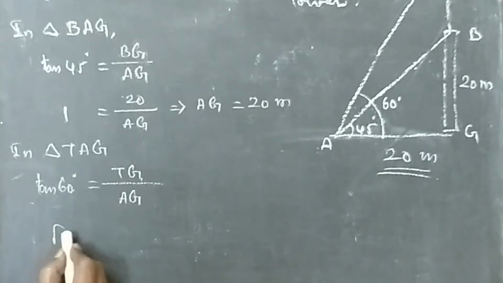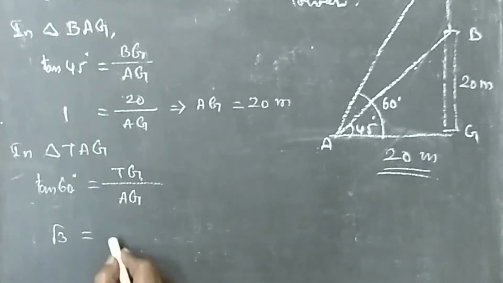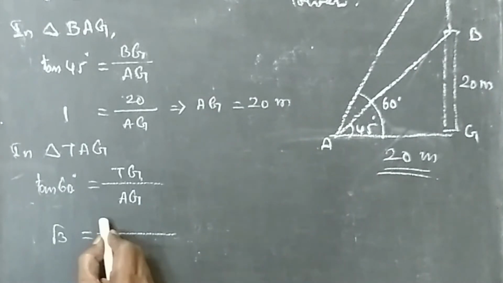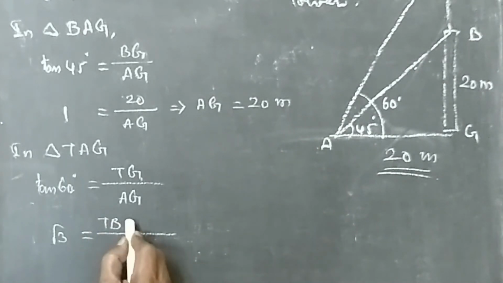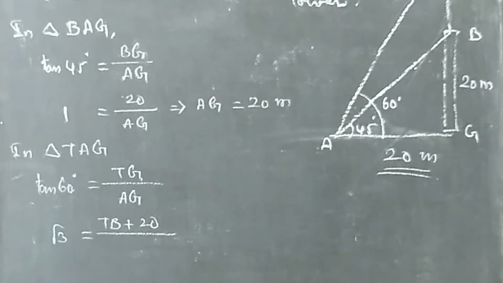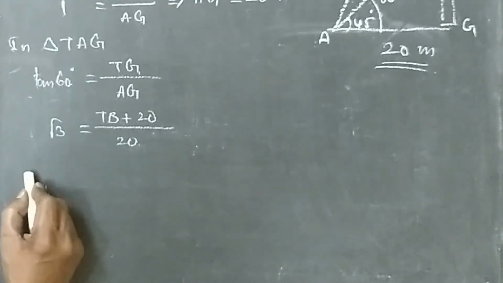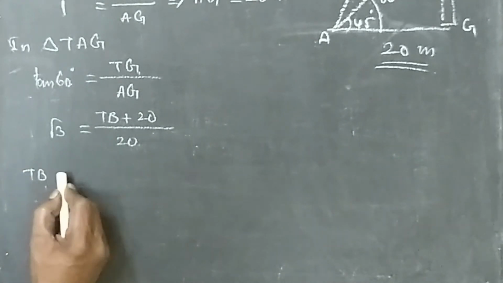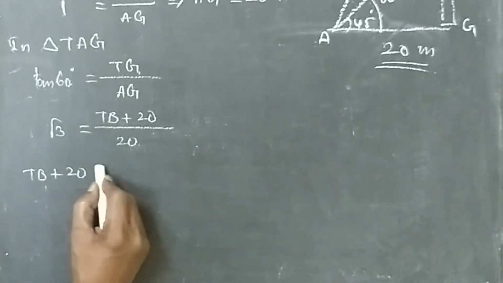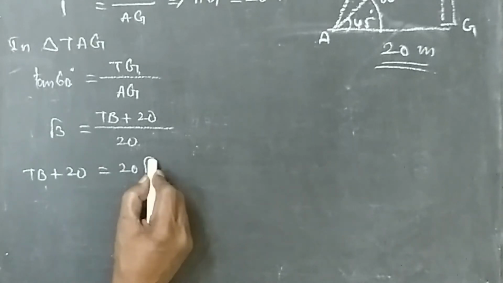Yeah, root 3 is equal to TG. TG is nothing but TB plus 20 by 20. That is, TB plus 20 is equal to 20 root 3.